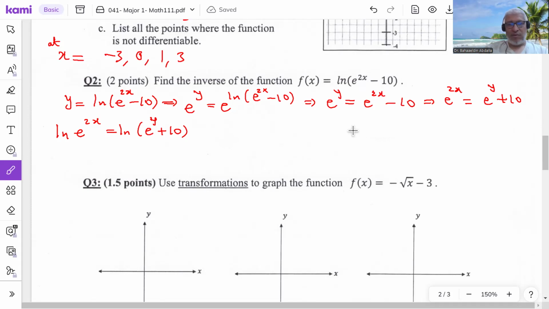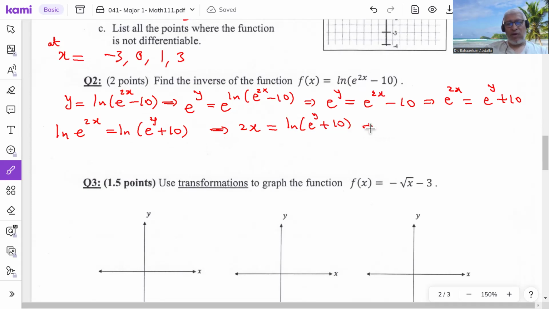But we don't have a formula for ln of u plus v. There is no formula for that. So you keep it like this. Expanding this, writing it y plus ln 10 is not correct at all. It's a big mistake. So ln cancels e and we'll have 2x equals ln of e to the power y plus 10.